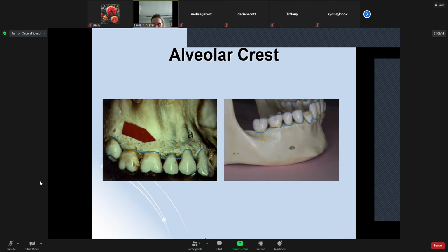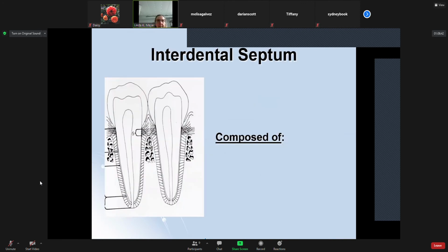And again, this is where its height and its contour is going to be critical to the accurate assessment of radiographs. You're not going to be looking at it like this on patients. You're going to be looking at radiographs. Okay, before we apply that, let's clearly define two other areas pertaining to the alveolar bone, and they are the interdental septum and the interradicular septum.